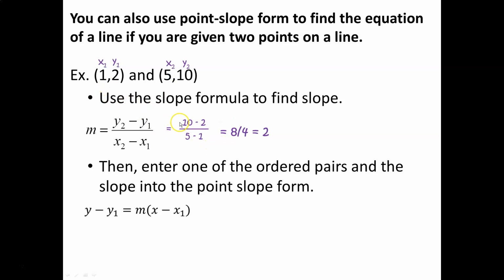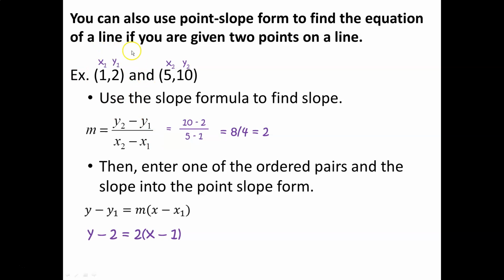And then we do 10 minus 2 equals 8. 5 minus 1 is 4. 8 over 4 is 2. Then we're going to enter one of the ordered pairs and the slope into the point-slope form.